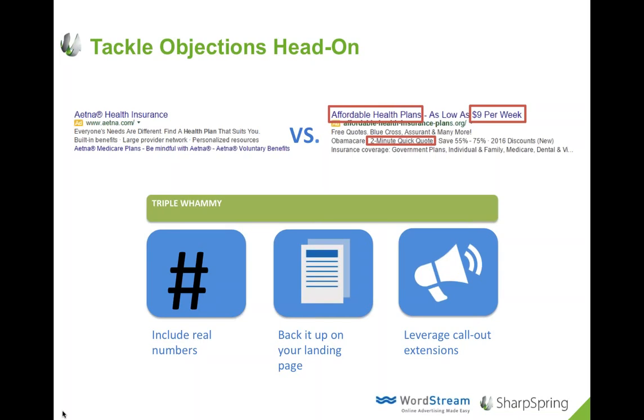In those call-out extensions they have there, you'll get a 2-minute quick quote. I automatically am put at ease that this isn't going to be a burdensome process. I'm much more likely to click on affordable health plans than I am Aetna health insurance. So it's a little bit of a triple whammy there. They include real numbers, they're leveraging those call-out extensions, but the most important part is you need to be able to back it up on your landing page.